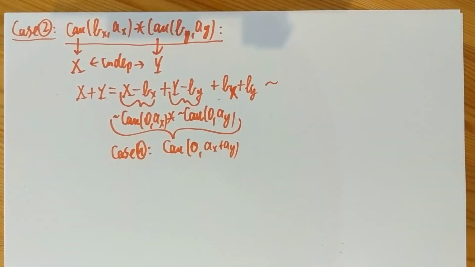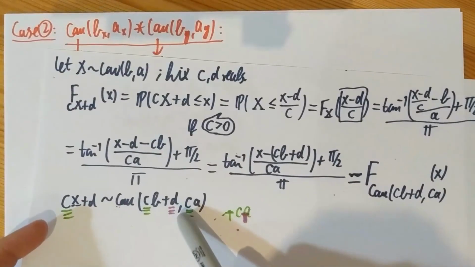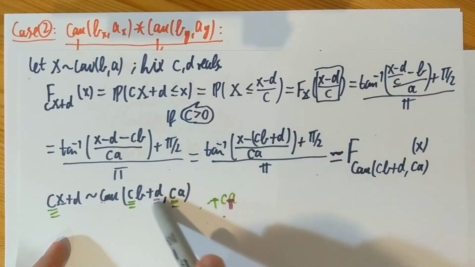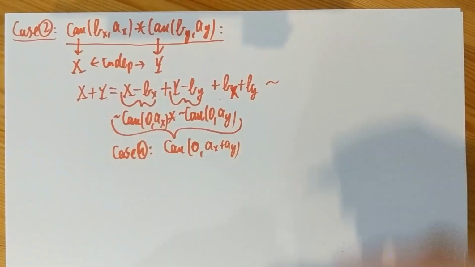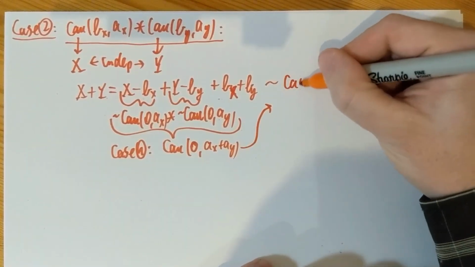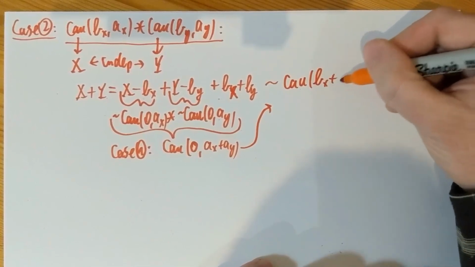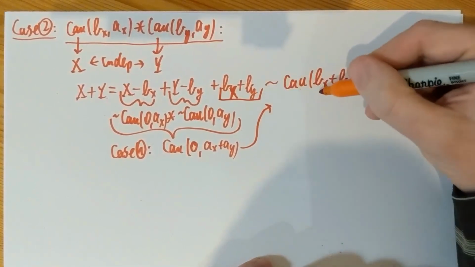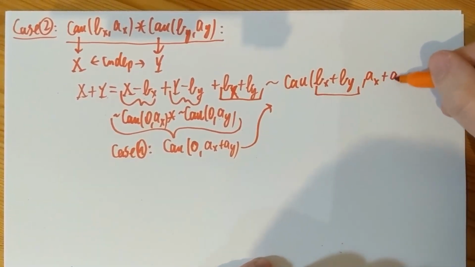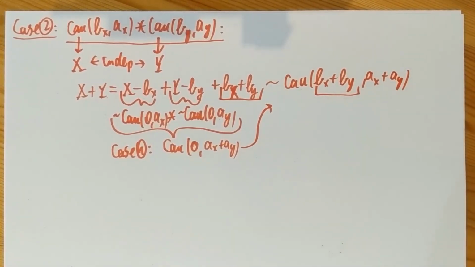That will just shift the first parameter by that constant. So that will make out of this Cauchy 0 and ax plus ay a Cauchy with bx plus by, namely this constant, and the original ax plus ay here. And that concludes the proof that Cauchy convolves to Cauchy again, with both the a and the b parameters added up.